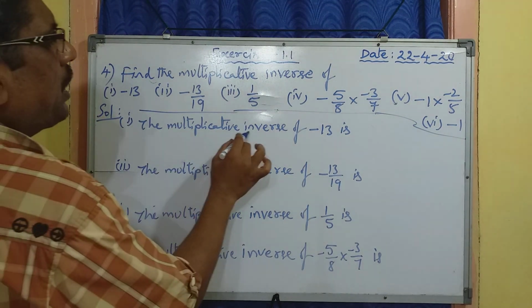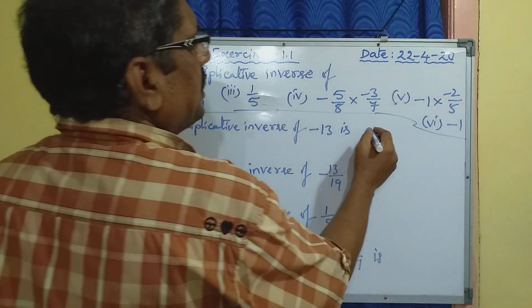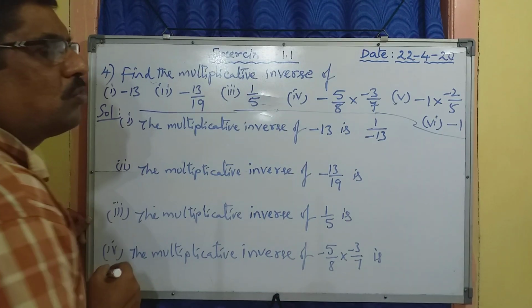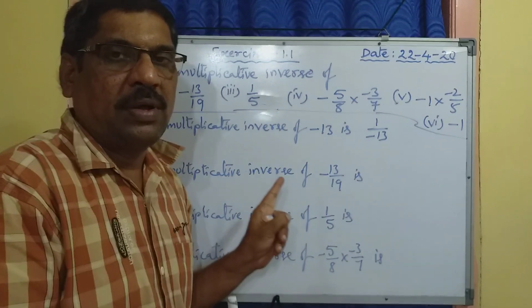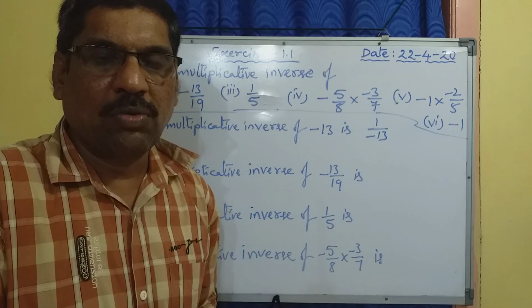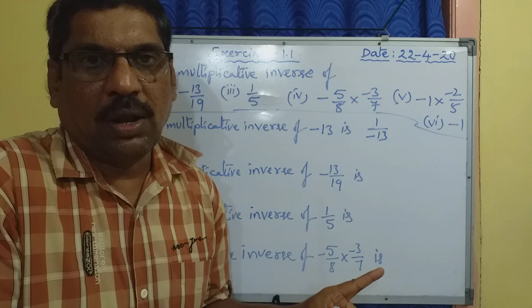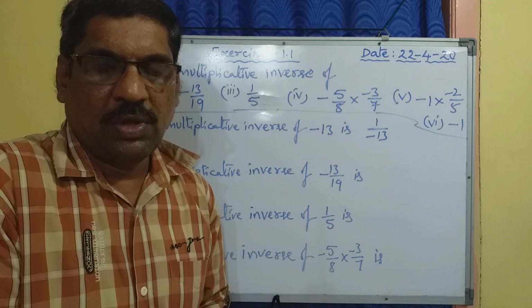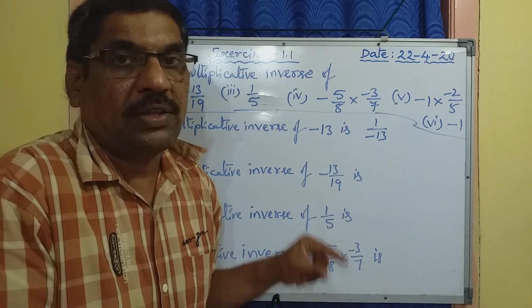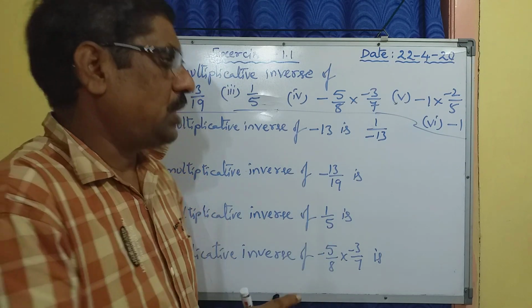Here the multiplicative inverse of minus 13 is simply we have to write minus 1 by 13. So we should not change the symbol in this multiplicative inverse. While we were doing the additive inverse in the second Roman, we changed only the symbol without changing the numbers. Okay, here without changing the symbol, we have to take the reciprocal of the given rational number.